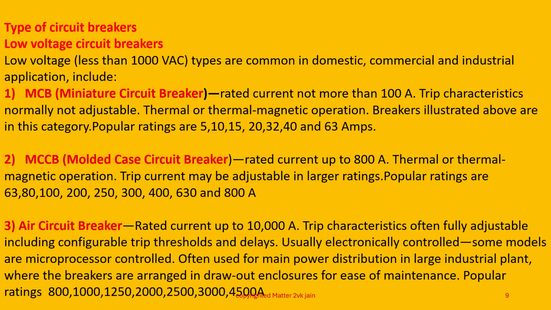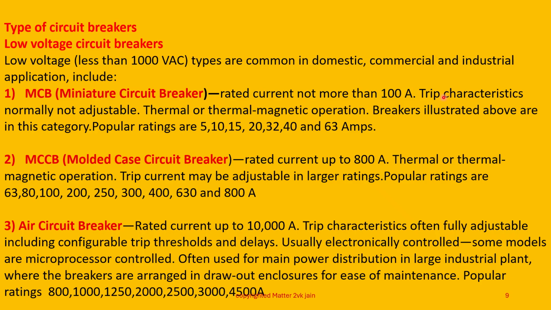Friends, we will study about different type of circuit breakers deployed in AC electric circuits. We have one, MCB, miniature circuit breaker, starting from 1 ampere to 63 ampere normally, but exceptionally up to 80 amperes.